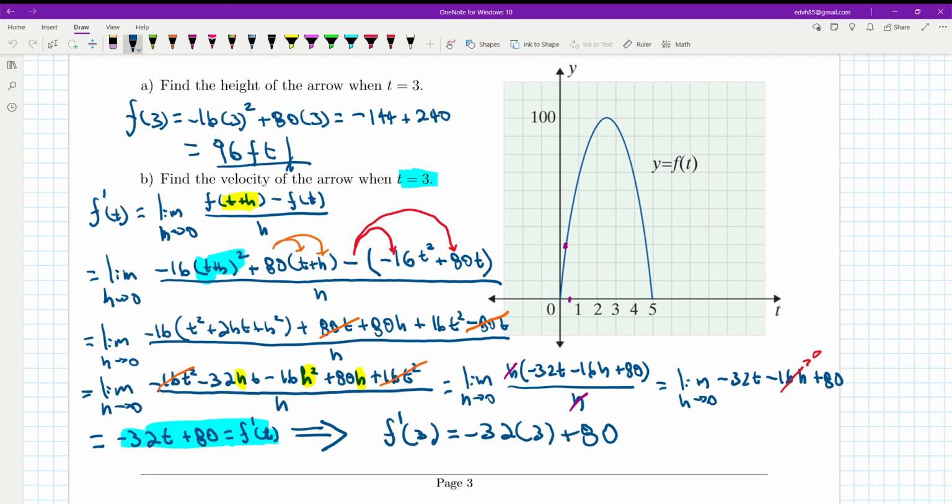Negative 32 times 3 equals negative 96, plus 80. This is negative 16. All right, we get a negative 16.